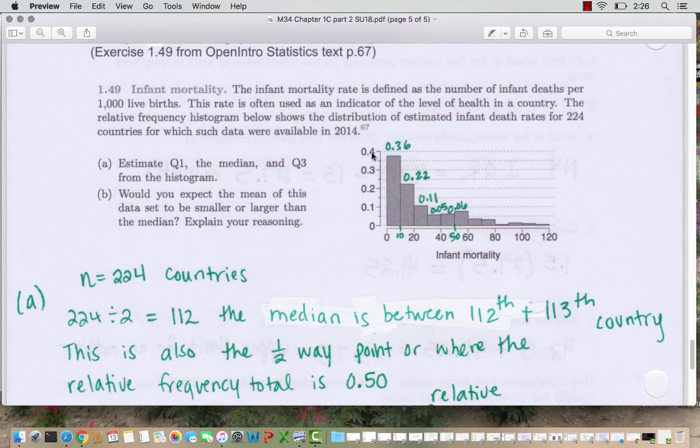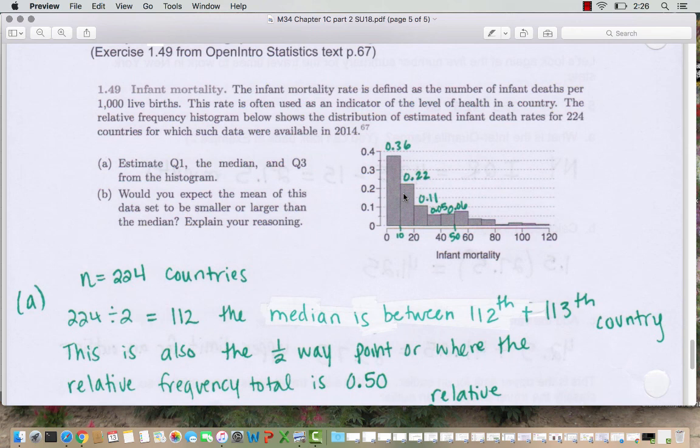So I estimated the first bar right around 0.36 height. See, here would be 0.35, so I counted a little above. And then I estimated the second bar, since it's a little above 0.2, about 0.22 in height. So if I add these up, I'm going to get a total over 50%.